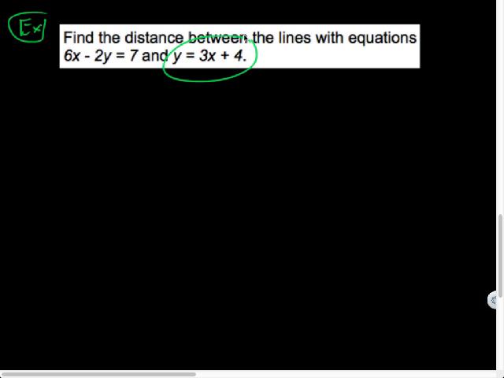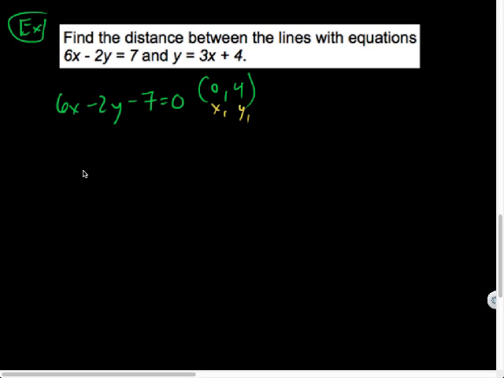Notice the second line is in slope-intercept form. So what's the y-intercept of this line? (0, 4) would be the y-intercept. So I could use that as my (x1, y1). And then I'll just use standard form for the other line, so that's 6x minus 2y minus 7 equals 0.